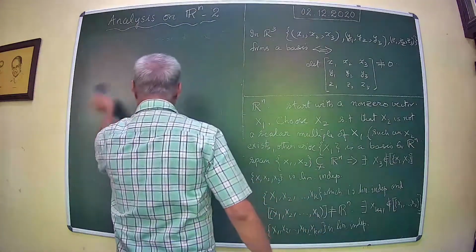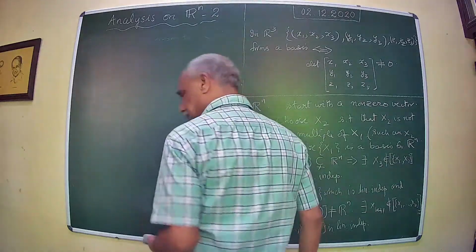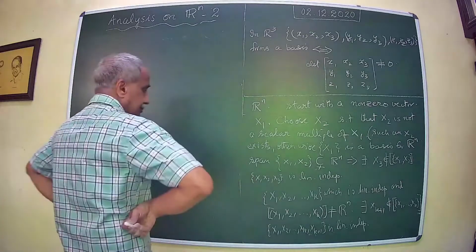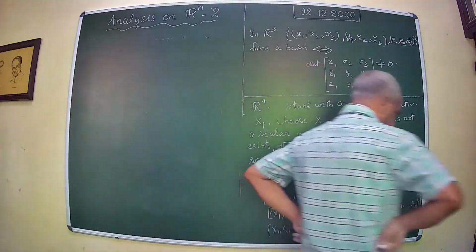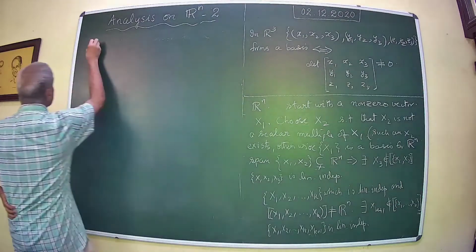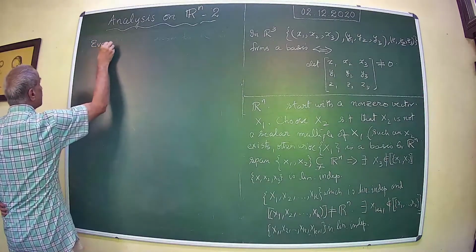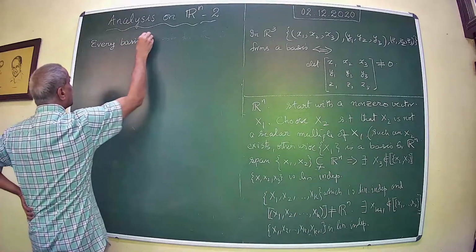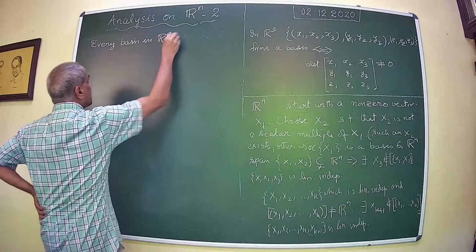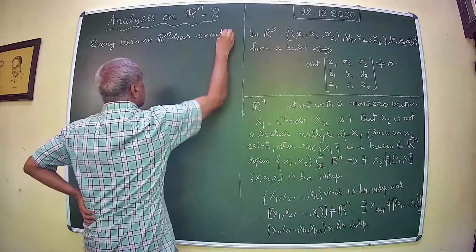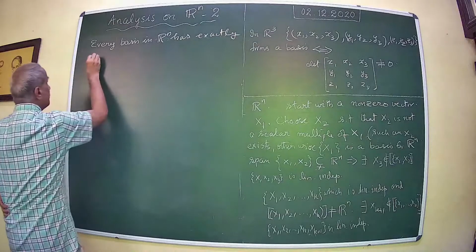Now what we want to assert is the following. That is, every basis has exactly n elements.